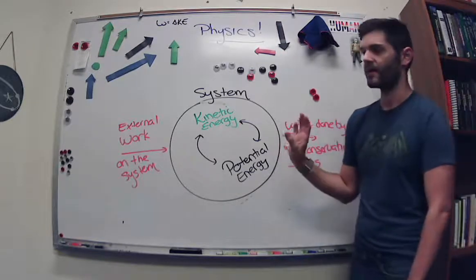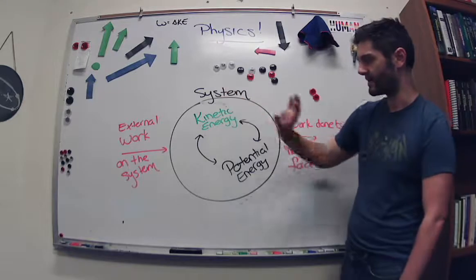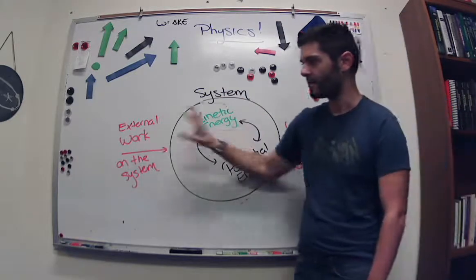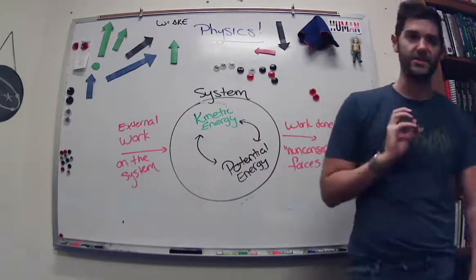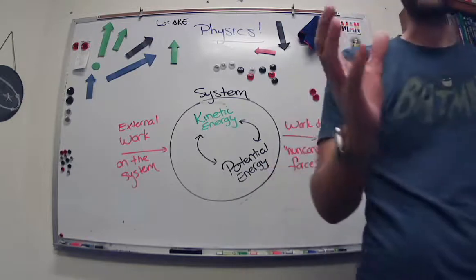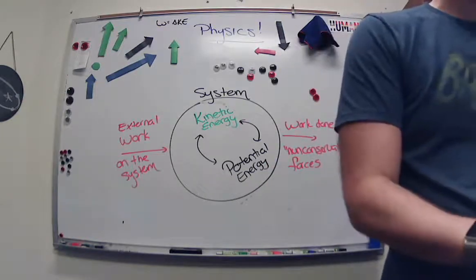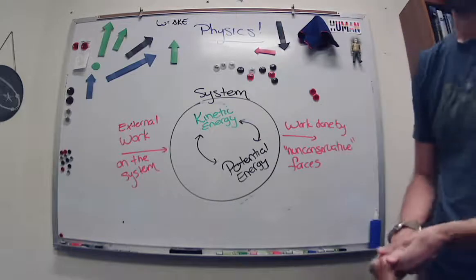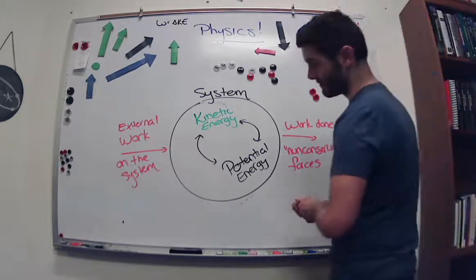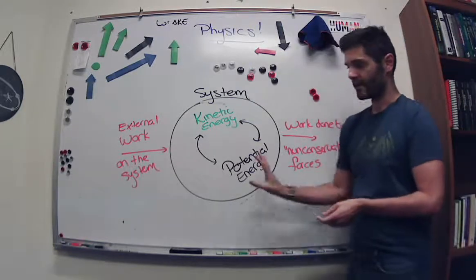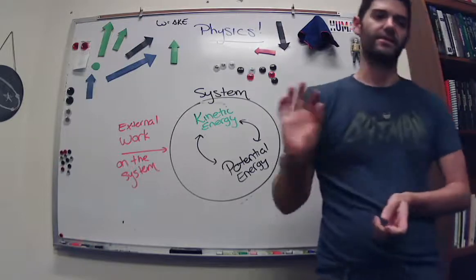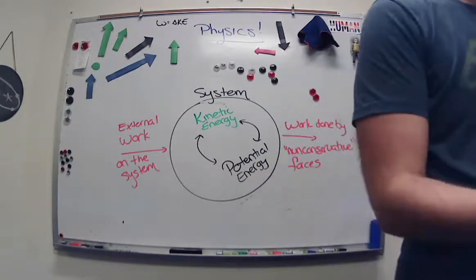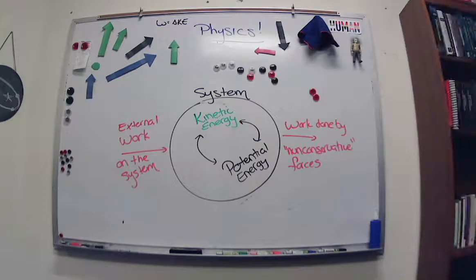As long as you can take into account how much kinetic, how much potential, and then how things are coming in and out of the system, as long as you keep an account of all of that accurately, then you can apply the conservation of energy rules. Conservation of energy, or lack thereof, is nothing more than accounting for this next chapter.